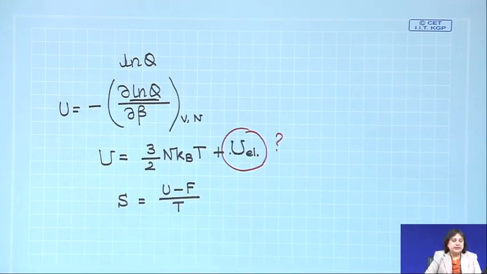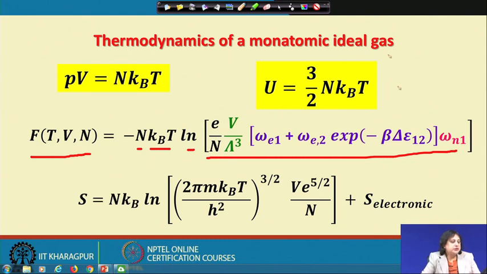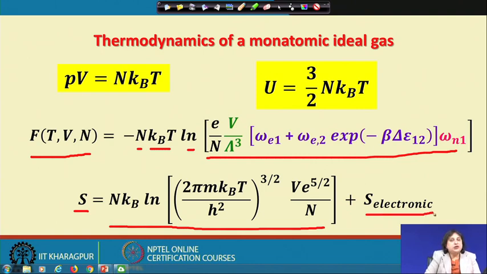If I do that, then it is possible for us to show that the absolute value of entropy can be written in terms of these quantities plus a term which depends on the electronic structure of the atom.